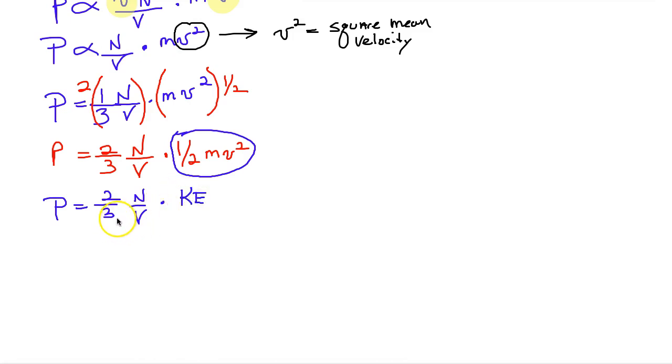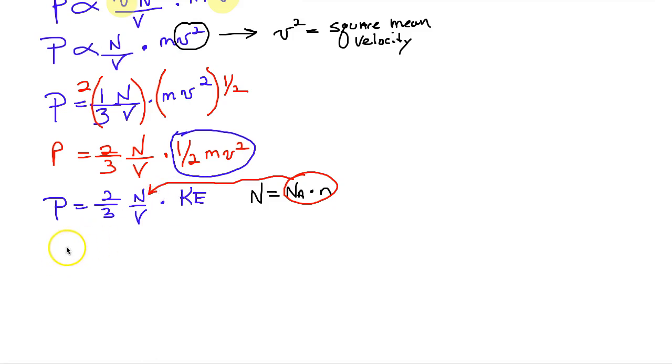All right, cool beans, but I'm still not where I want to be yet. Now, if I remember that this N, which is the number of total particles that gave me the frequency of collisions, is equal to Avogadro's number, we're going to use Na for that, times moles. That's the equivalent of N. And I'm going to put this equivalent of N in place of N right here.